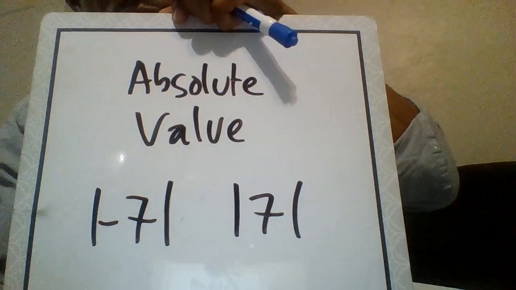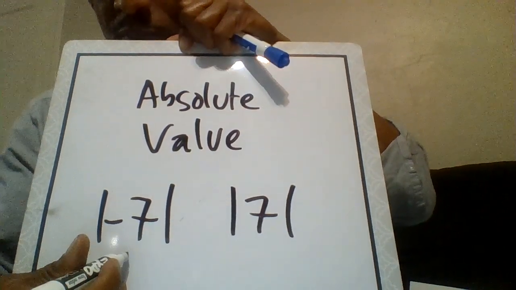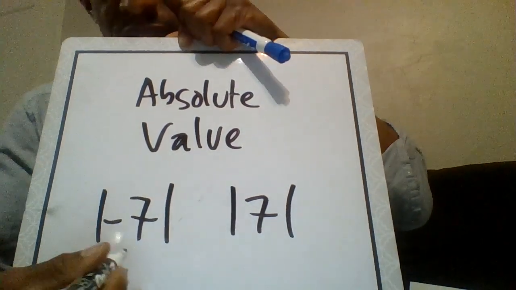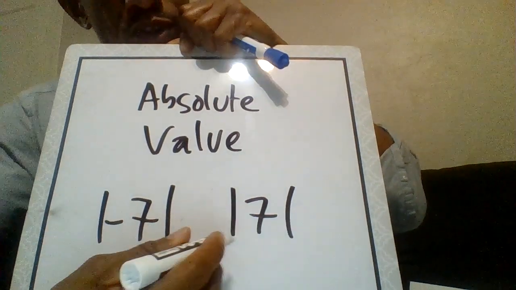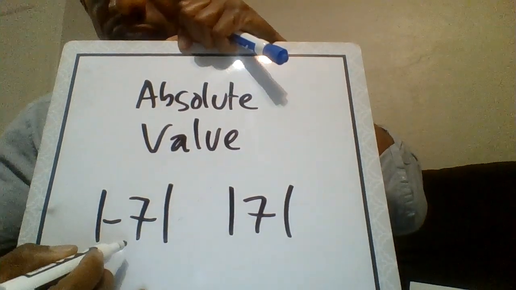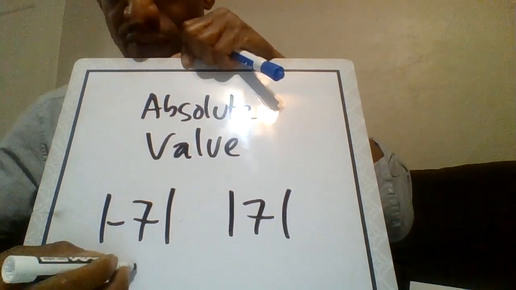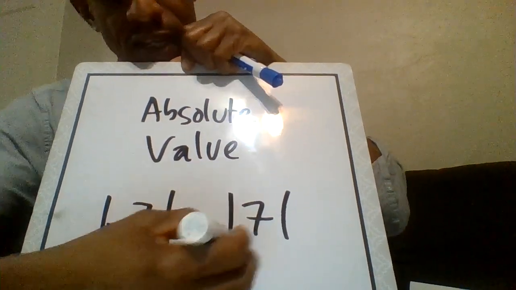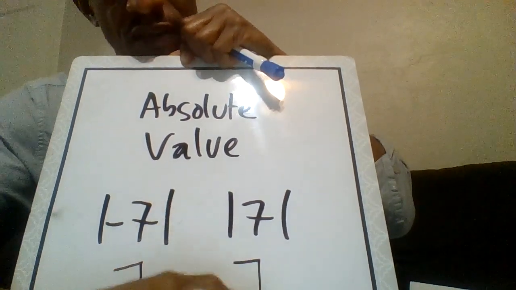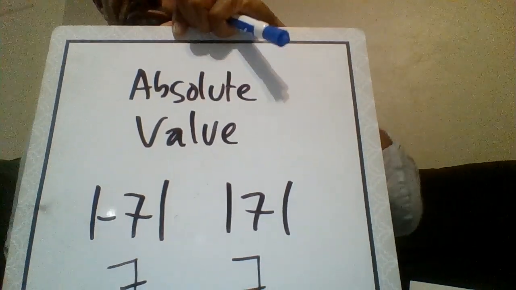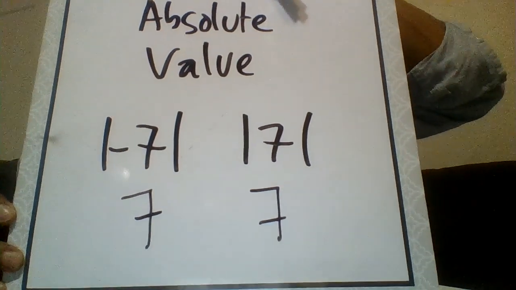Actually, that's what absolute value really means here: even though this may be sending us in a leftward direction because it's negative, and this may be sending us in a rightward direction on the number line because it's positive, the distance from 0 is still the same for both. So the absolute value of negative 7, you got it, 7. Absolute value of 7, 7. Why? Because that's the distance from 0. So we have our absolute values there.